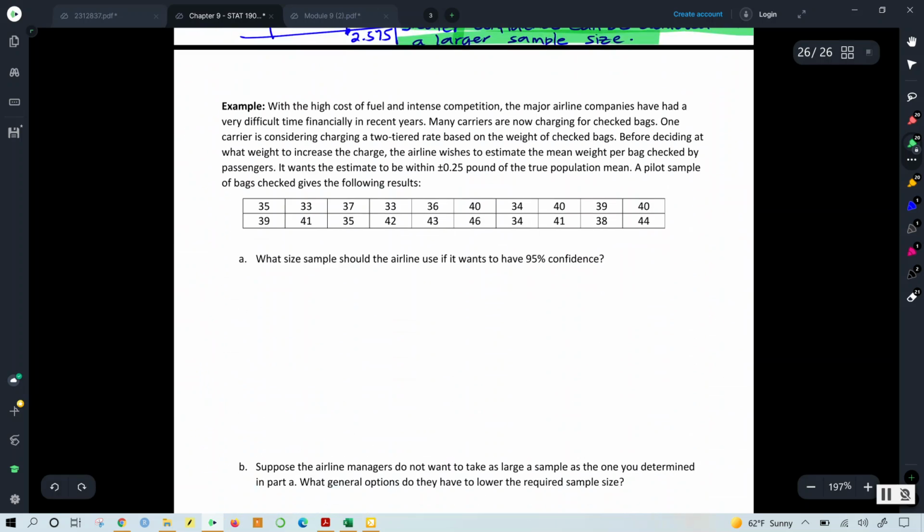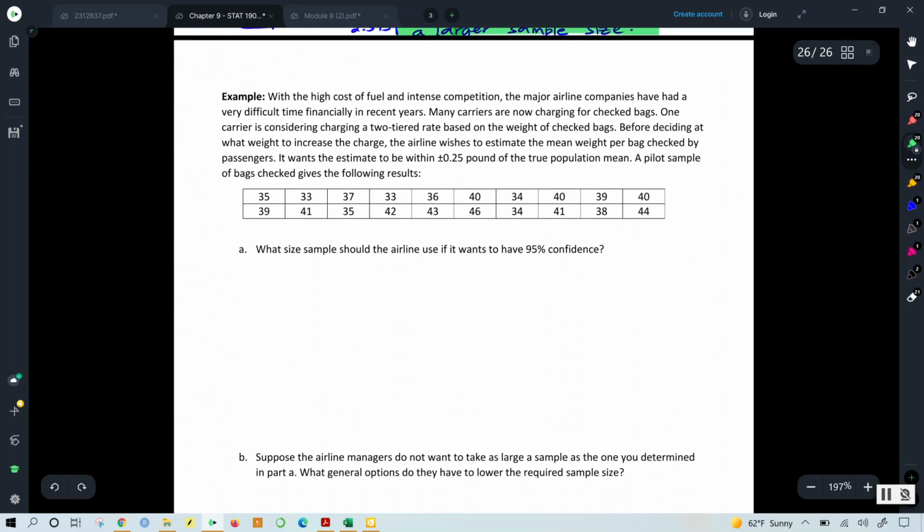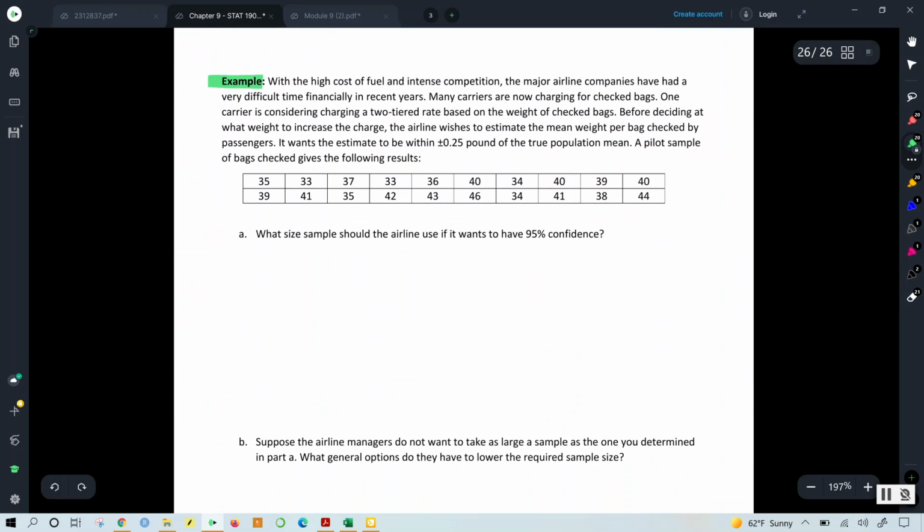With that, we proceed to the last question here in this chapter. With the high cost of fuel and intense competition, the major airline companies have had a very difficult time financially in recent years. Many carriers are now charging for checked bags. One carrier is considering charging a 2-tiered rate based on the weight of the checked bags.